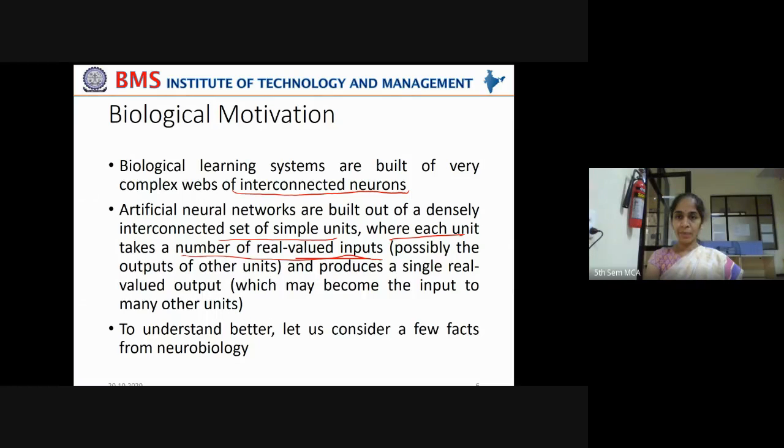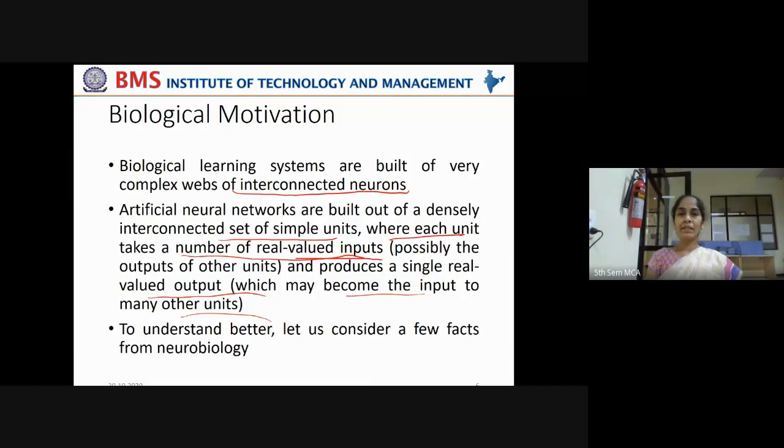Artificial neural networks are built out of a densely interconnected set of simple units where each unit takes a number of real valued inputs and produces a single real valued output, which may become the input to other units or which itself can be the output of the entire neural network architecture. Right? Now, to understand better, let us consider a few facts from neurobiology.